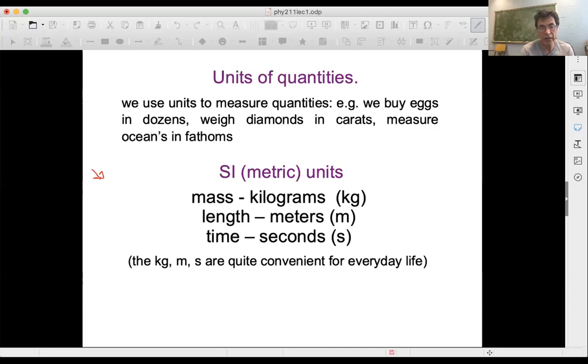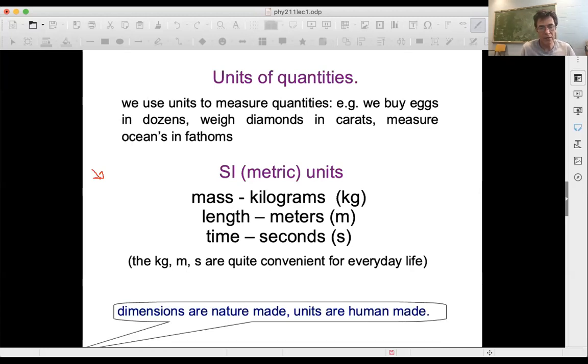For time, we use a second. And obviously you're familiar with kilograms, meters, and seconds. How could you not be and be 20 years old? I was familiar with them when I was 20 even. So these kilograms, meters, and seconds are pretty convenient for our everyday world. So we often use these units.